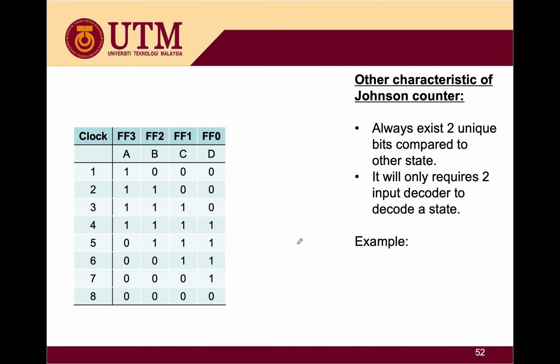Other characteristics of the Johnson counter: there always exist 2 unique bits compared to the other states. It only requires a simple decoder to decode a state. So this is an example.